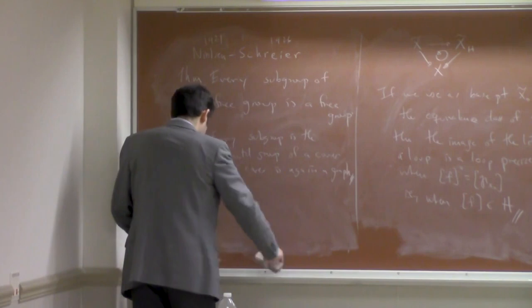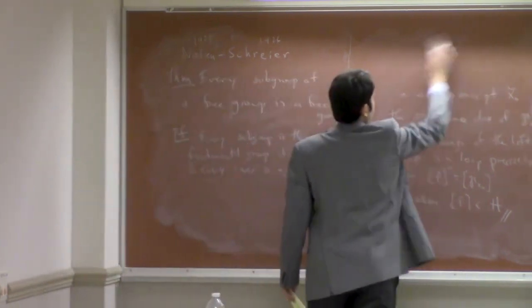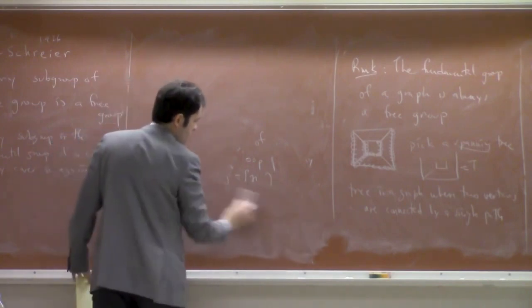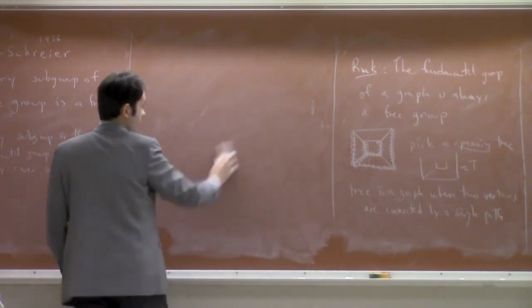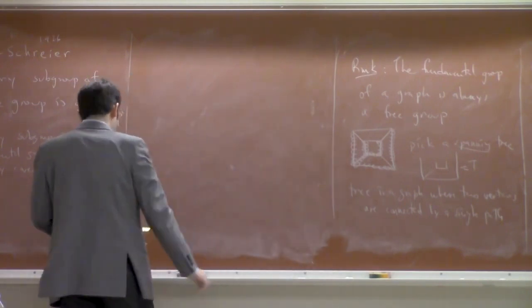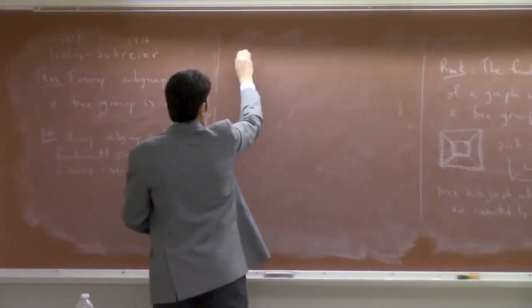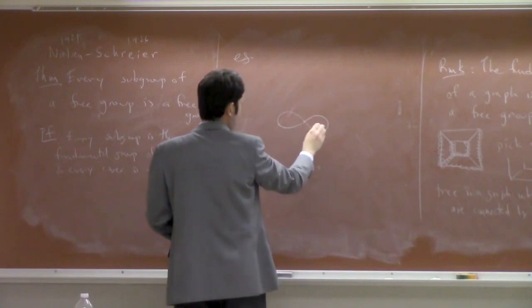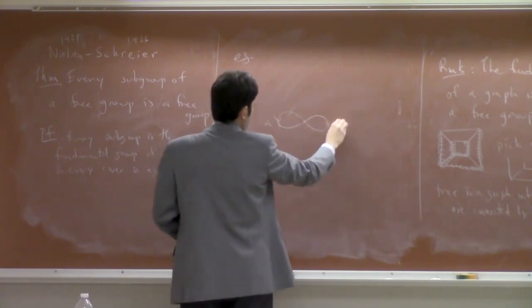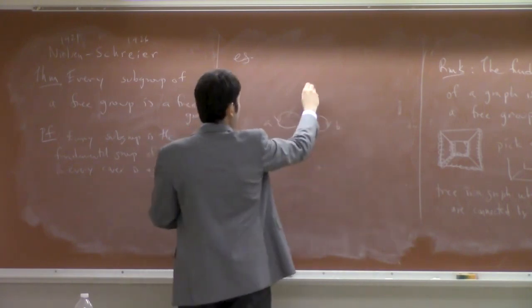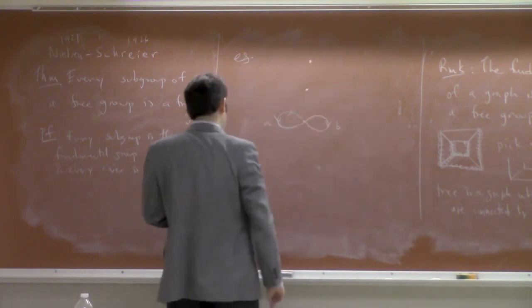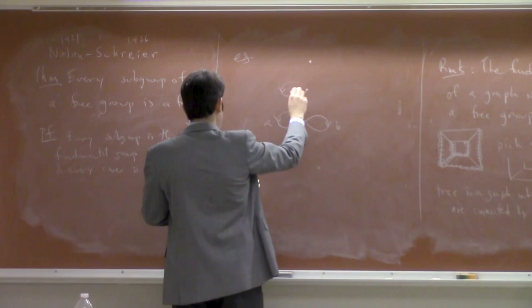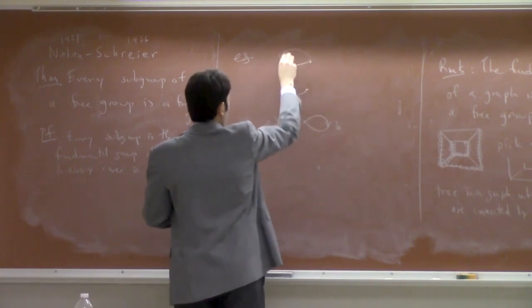So let's look at an example. Let's say that we have the bouquet of two circles here. And let's look at a cover with two sheets. For A, we're just going to take two copies.